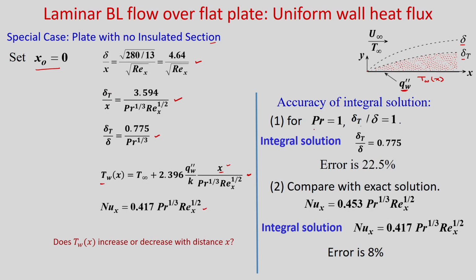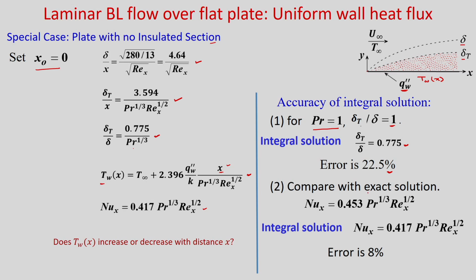For Prandtl number 1, in the exact solution delta T by delta should be 1, because delta T is equal to delta for Prandtl number 1. But from the integral solution you can see for Prandtl number 1 delta T by delta is 0.775. So, the error in predicting the thermal boundary layer thickness is much, it is 22.5%.